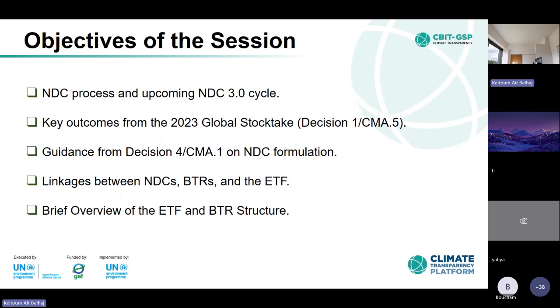Third, to apply the guidance from decision 4/CMA.1 on how to prepare and communicate NDCs clearly and transparently. And finally, to explore how NDC, BTR, and the Enhanced Transparency Framework are connected together and how this cycle can be strengthened across the MENA region.